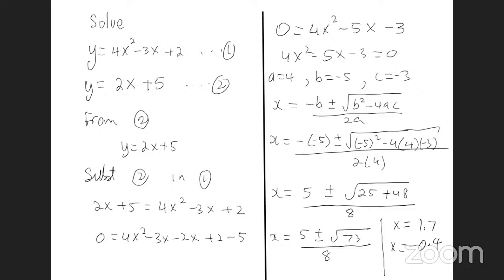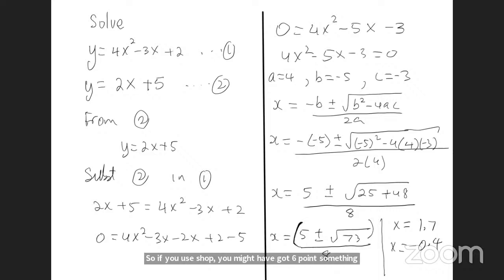Sharp will read it for you. Or put brackets everywhere, right? So if you use sharp, you might have gotten 6 point something. So if you're using a sharp, put a bracket here when you're working it out. Or just try and get Casio.